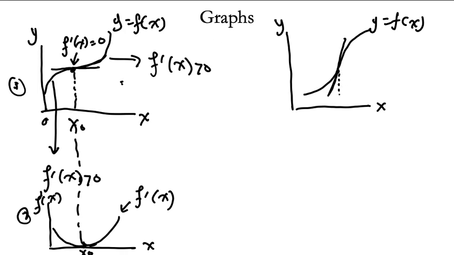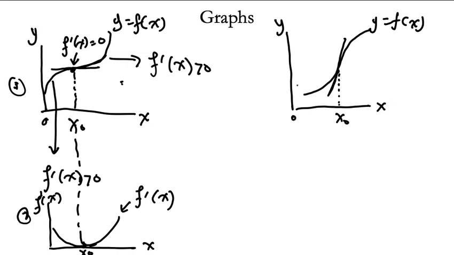Let's call x here x naught as well. Any value of x before x naught, you can see the curve is increasing. Same goes for any value after x naught, the curve is increasing as well. However, the curvature is not the same. When the curvature is not the same, that means the slope itself is not the same, isn't it? Because it's not a linear line.